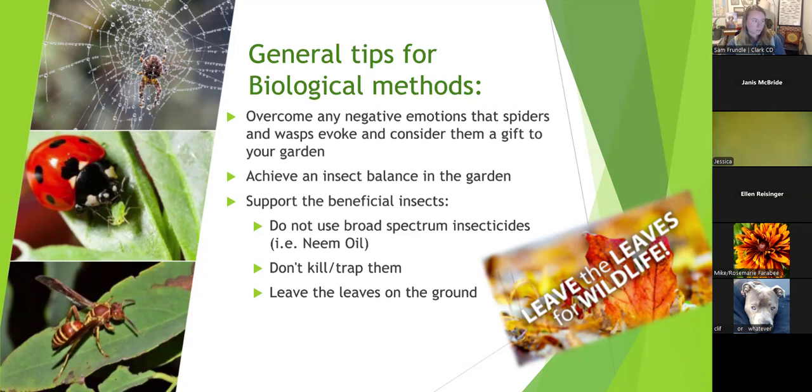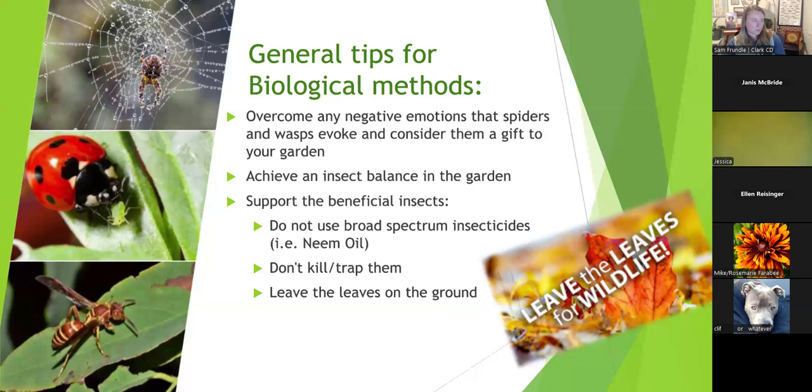I'm talking about paper wasps and mud daubers and things like that. They're very helpful to the garden, and a lot of those wasps are non-stinging wasps. What we want to try to achieve is an insect balance in the garden. So we want to actually support those beneficial insects.